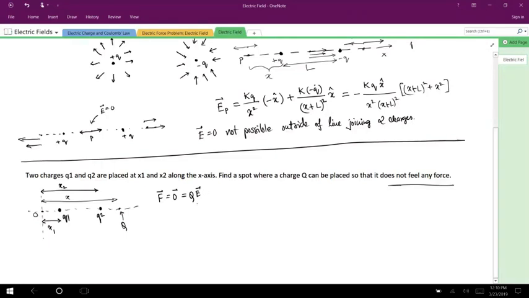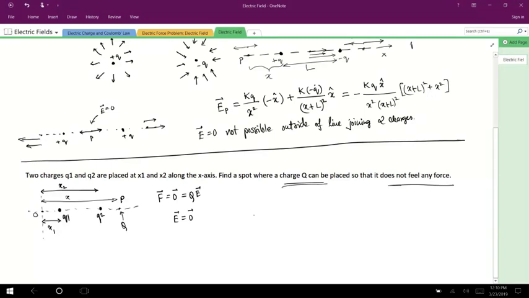So as long as the electric field E at that point is 0, we are good to go. So see that in this particular problem, the charge Q is not even needed, right? I do not need to know that there is a charge Q. All I could do is figure out the electric field at this point P. Let's call this point P. And once I've done that and I've set it equal to 0, I'm good to go. So that's exactly what we're going to do.